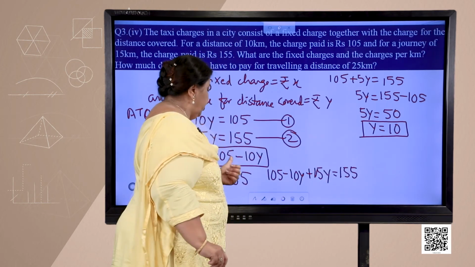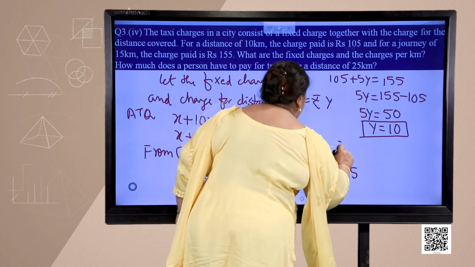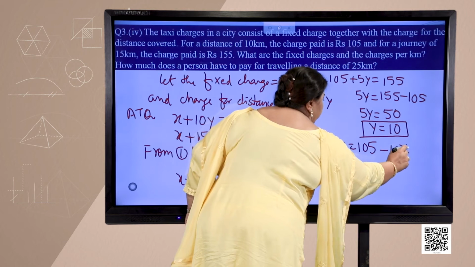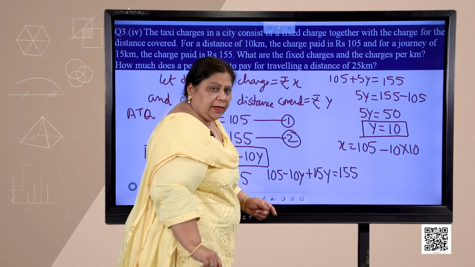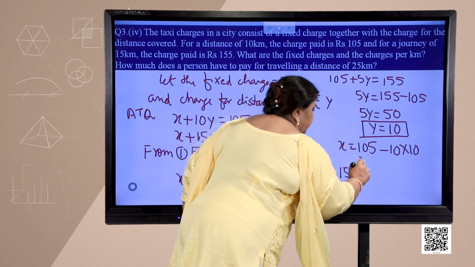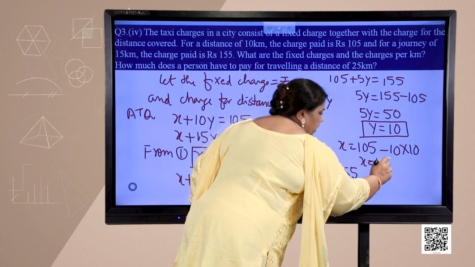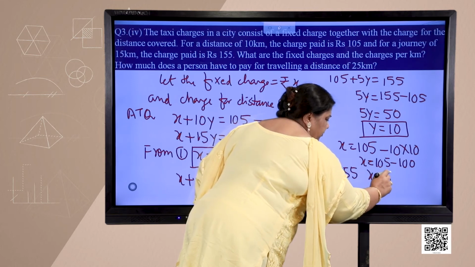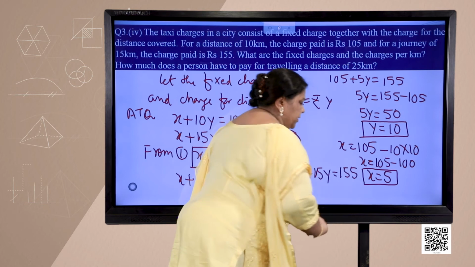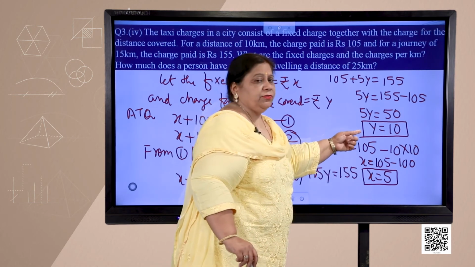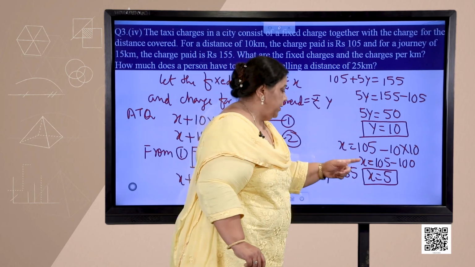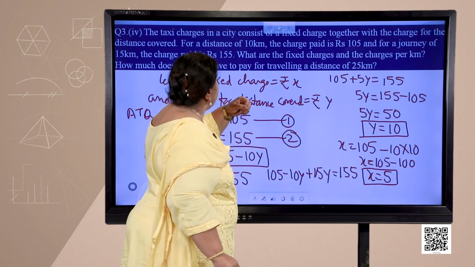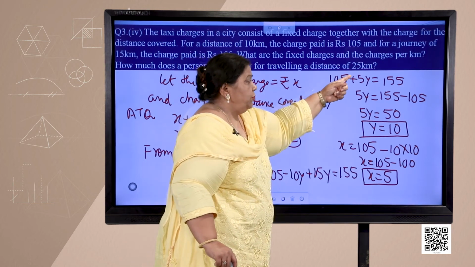If I substitute in the expression for x, I will get x is equal to 105 minus 10 into 10. What is 10 into 10? It is 100. So, x is equal to 105 minus 100. So, x is equal to 5. We have got the fixed charges, we have got the charge for extra distance covered. So, my question here was to find out how much the person has to pay for travelling a distance of 25 kilometers.